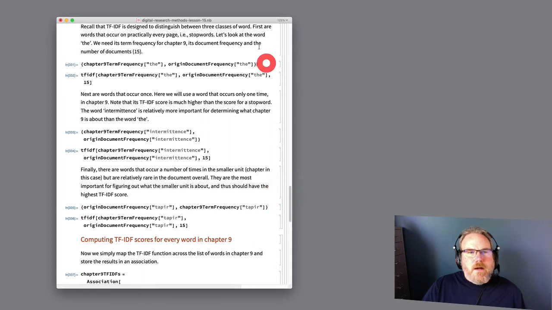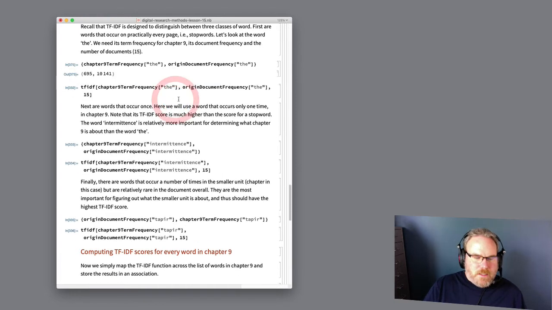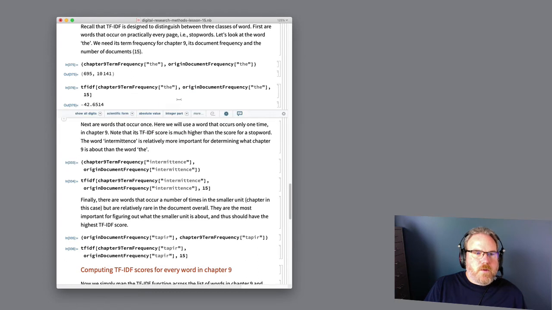Now we can compare the term frequency with the document frequency for a very common word like the, and if we compute the TF-IDF for that word, we find that it's got a negative number. So a very common word, a stop word, does not score very highly by this measure.